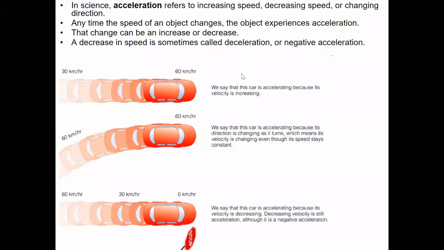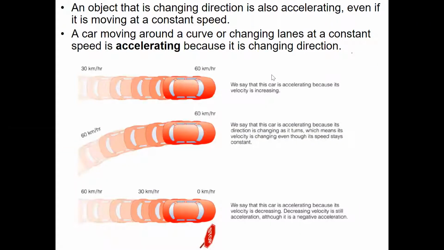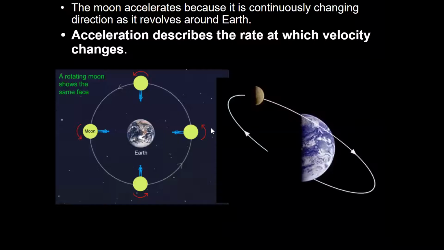All right, here we go. We already know that you don't need to write these. We already know that changing acceleration means speeding up, slowing down, or changing lanes, that type of stuff. That is a type of acceleration because you're changing direction. Okay, we have that down. Now, acceleration describes the rate at which velocity changes.